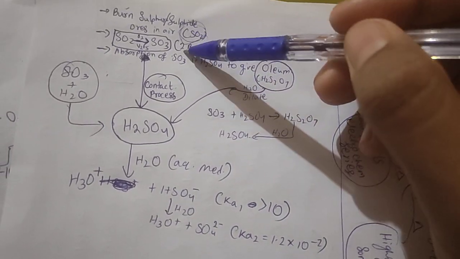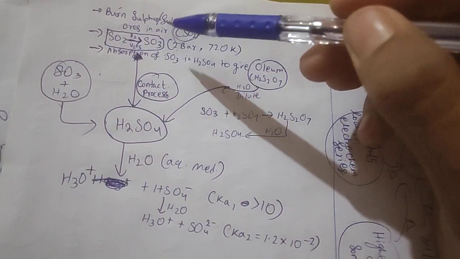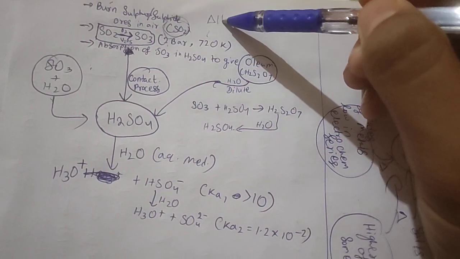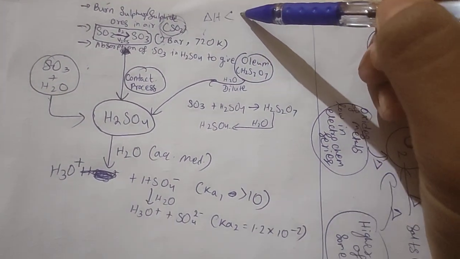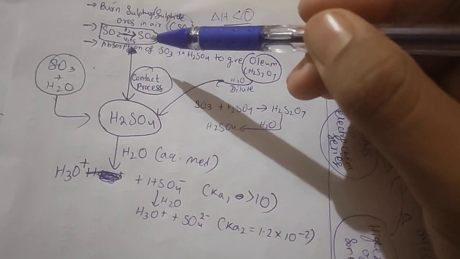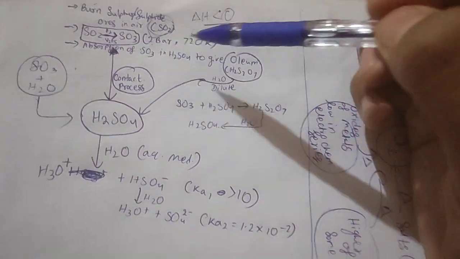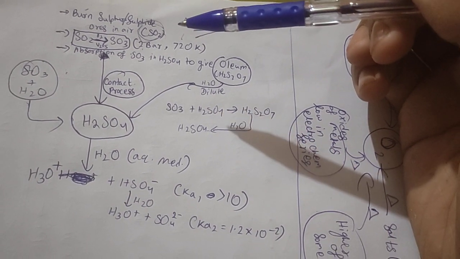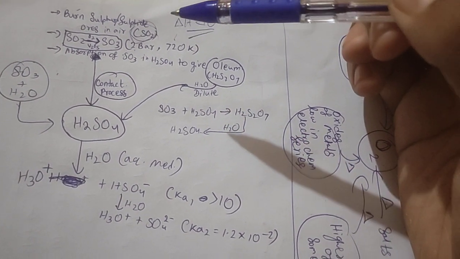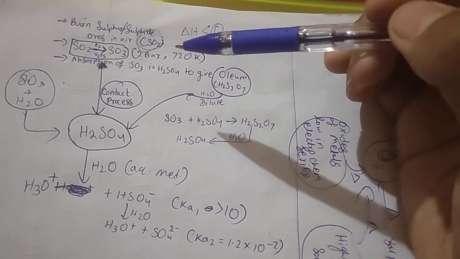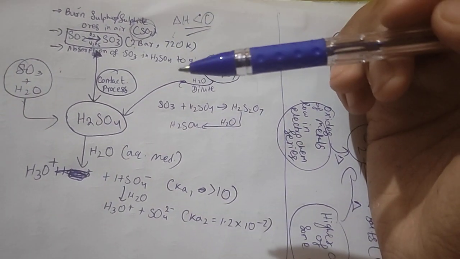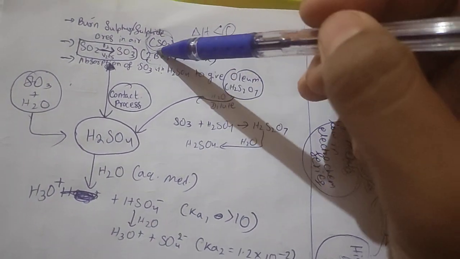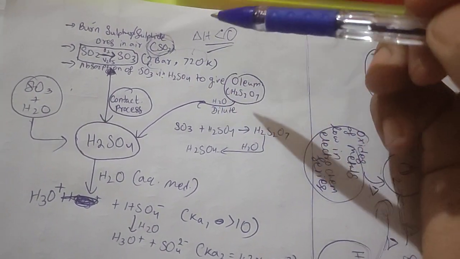Since this is a highly exothermic reaction, delta H is negative here, and so low temperature is favored. But the temperature should not be so low that the rate of reaction also slows down. So the optimum conditions here are 2 bar and 720 Kelvin.